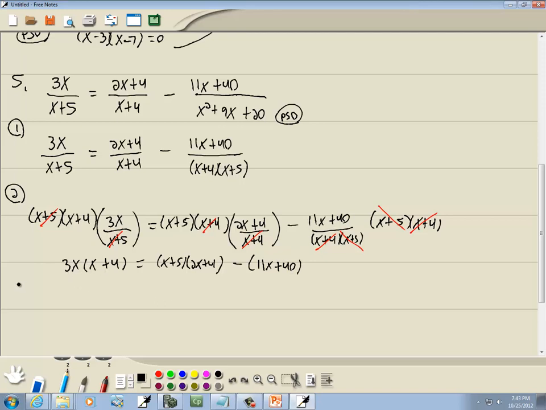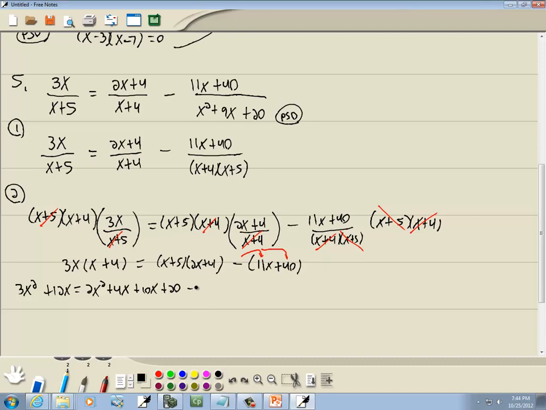Okay, 3x times x is 3x squared. 3x times 4 is 12x equals x times 2x gives you 2x squared. X times 4 gives you 4x. 5 times 2x gives you 10x. And 5 times 4 is 20. And again, that negative flips the sign of everything inside.